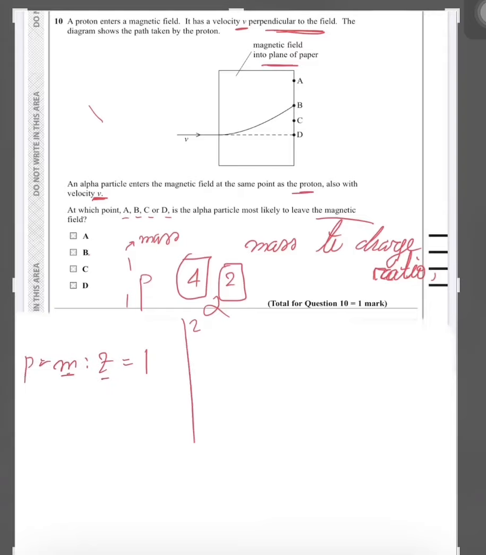But the mass to charge ratio of an alpha particle is 4 over 2. Since this is the mass and this is the charge, it would be 2. So this means that since the mass to charge ratio is smaller, it would get deflected but by a smaller amount. So this would go like this and go to a smaller amount, C. So the answer would be C.